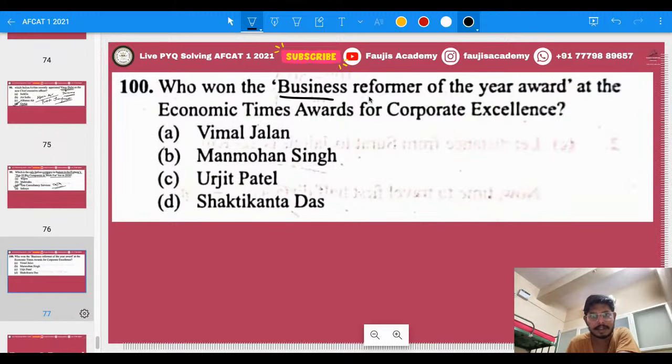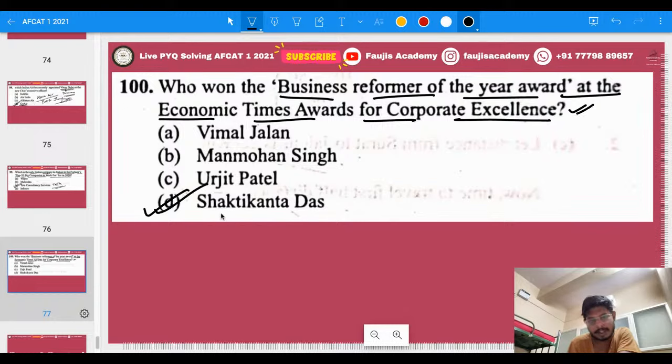Who won Business Reformer of the Year award at the Economic Times Award for Corporate Excellence? At that point of time, Shaktikanta Das was the RBI governor.